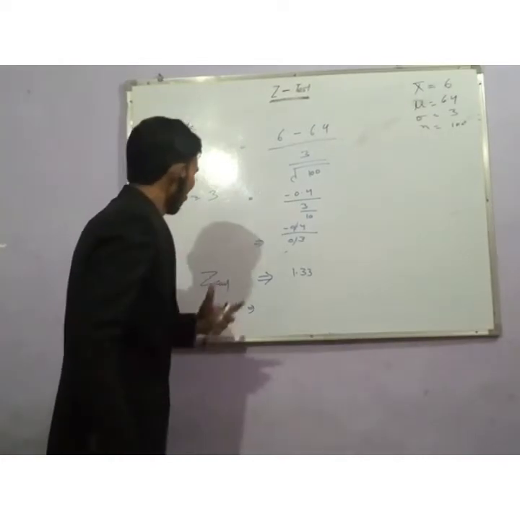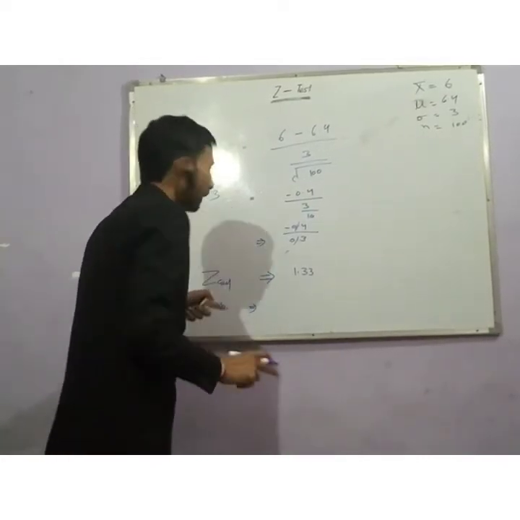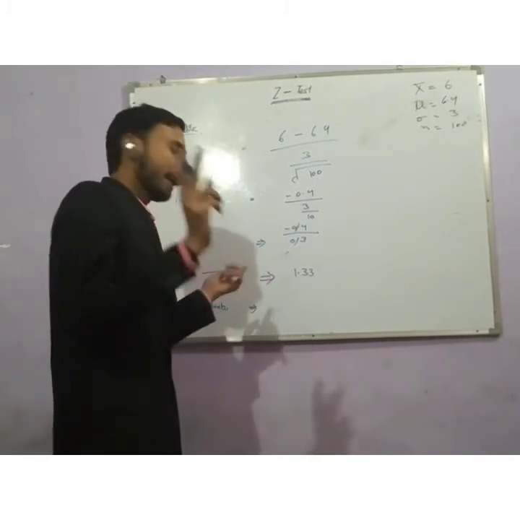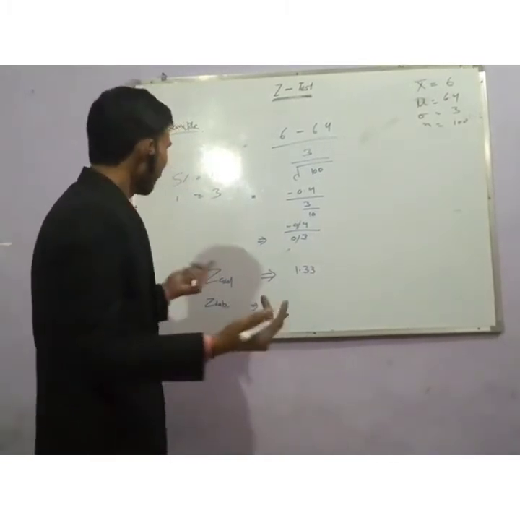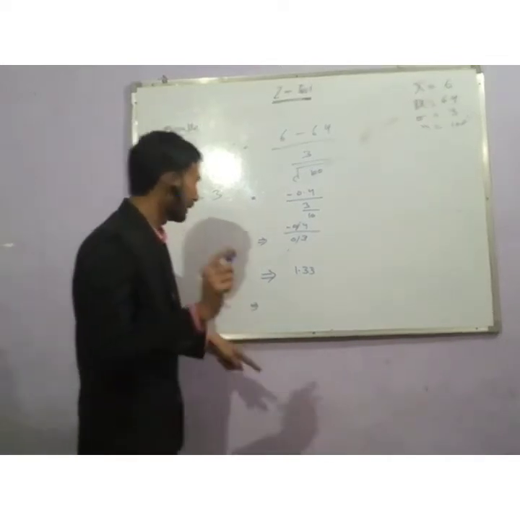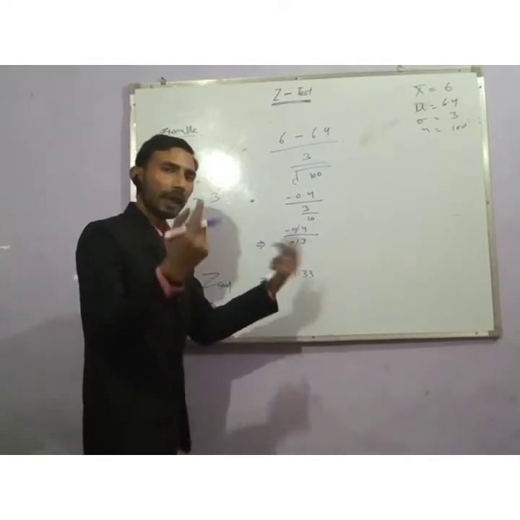So the conclusion is that if Z calculated value is greater than the tabulated value, the null hypothesis is rejected. If Z calculated value is less than Z tabulated value, then the null hypothesis is accepted.